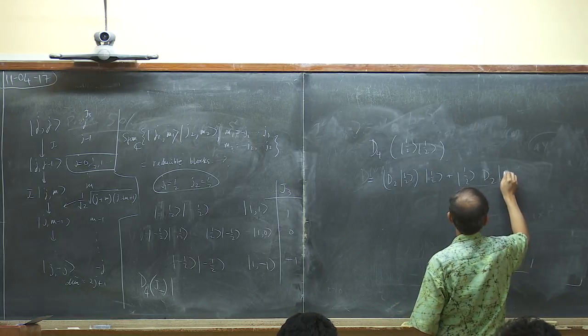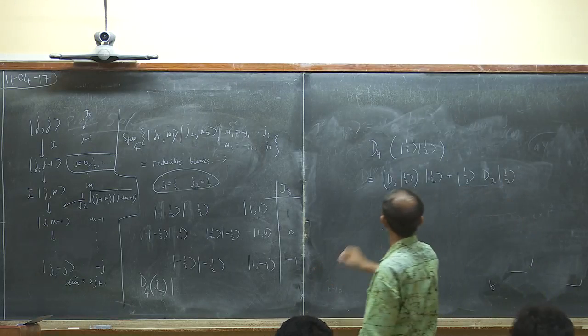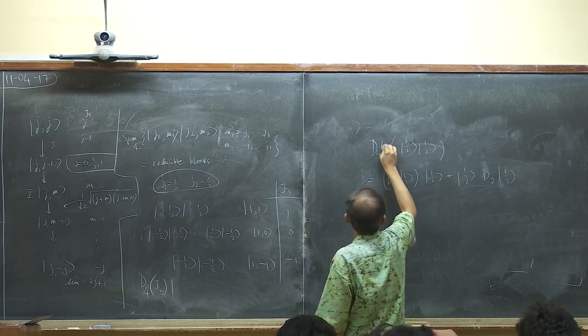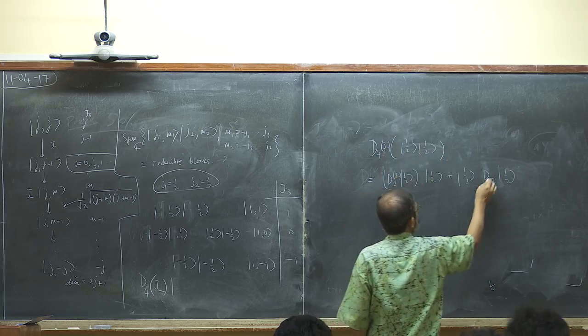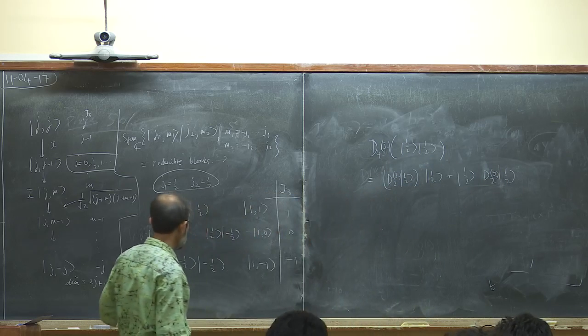Now I have just d4 of anything, but now I am doing d4 of j minus. This is d2 of j minus and d2 of j minus. But I have just written the formula for d2 of j minus.